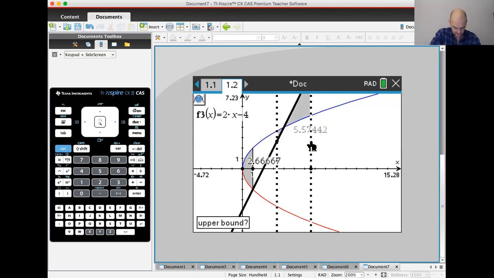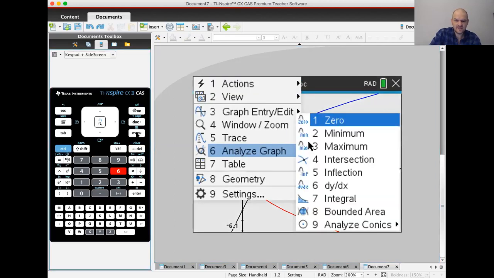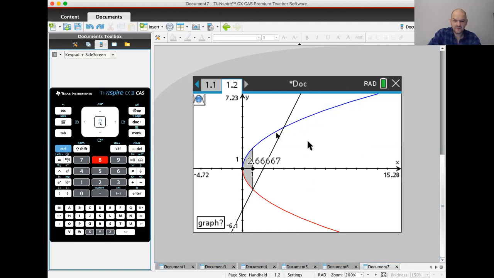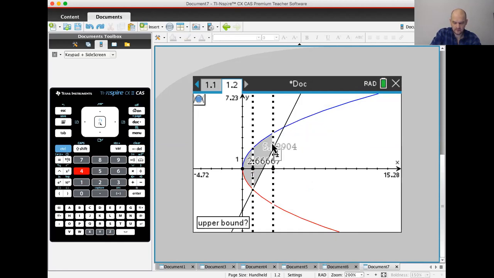And we are going from x equals 1. Oh, why are you asking me for the upper bound? 4? I may have messed that up. This is why I don't do this. Menu 6, 8, graph. Click, lower bound 1, upper bound 4.